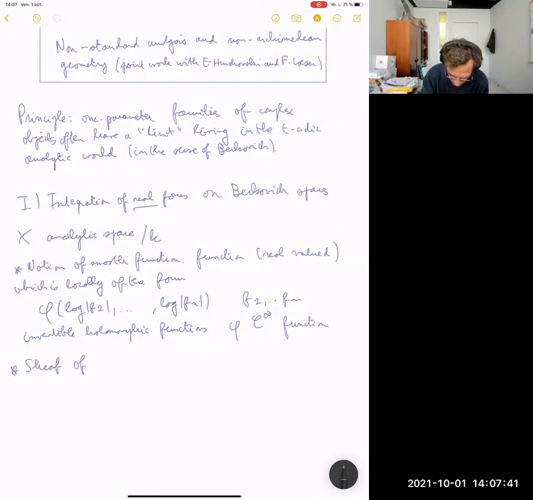And we have a sheaf of (p,q) forms. So it's a bigraded sheaf. Forms have a bidegree (p,q), A^{p,q}, with two differential operators, d' and d''. And so A^{0,0} is just the sheaf of smooth functions.